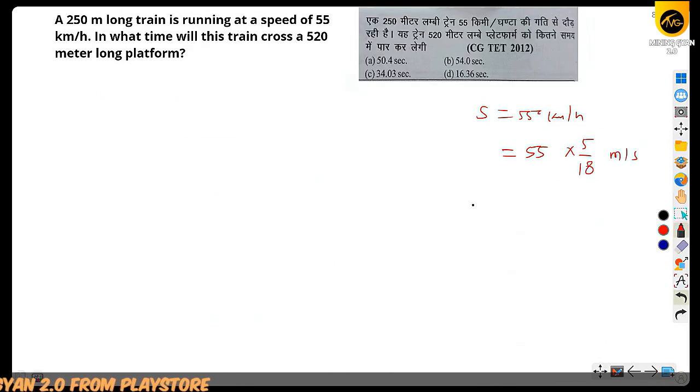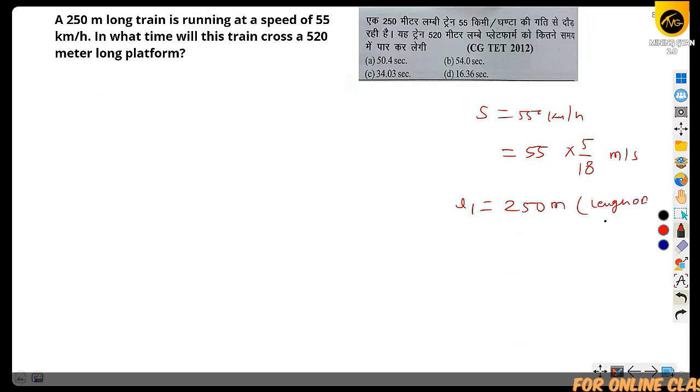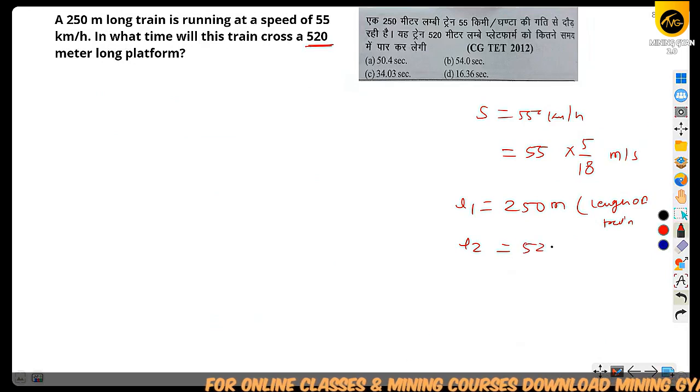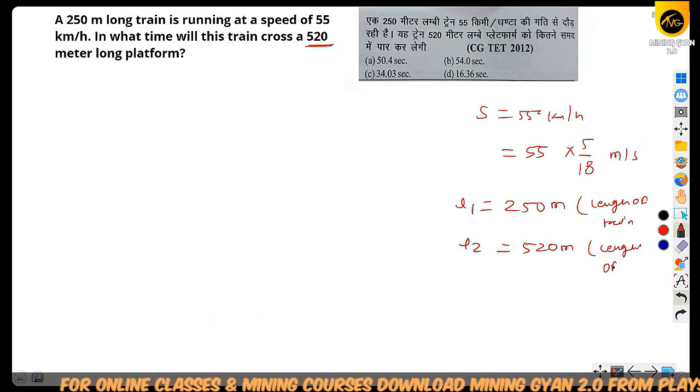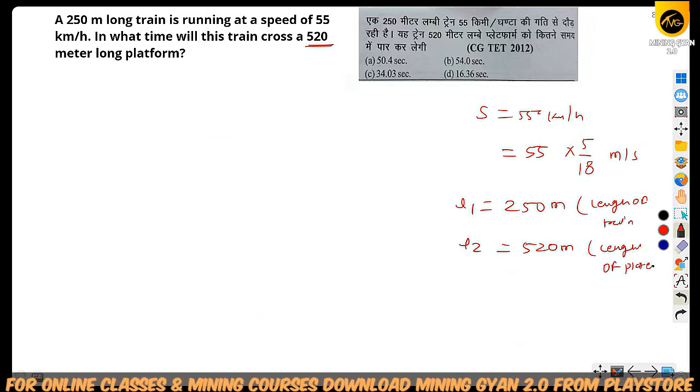Now the second one is L1, which is the length of the train, given as 250 meter. And L2 is the 520 meter long platform, so the length of the platform is 520 meter.